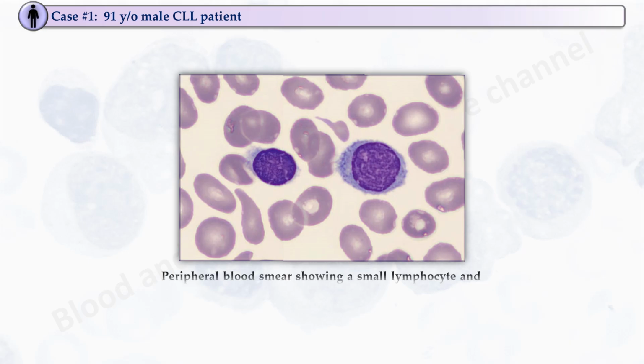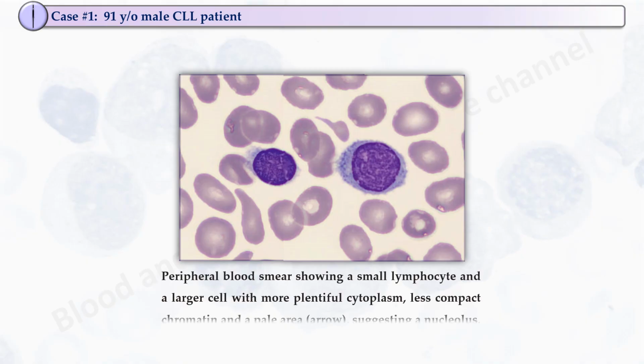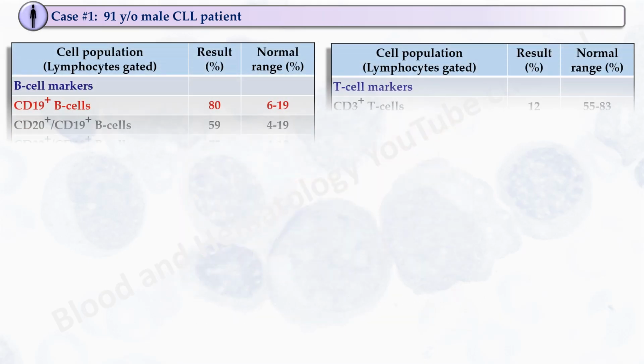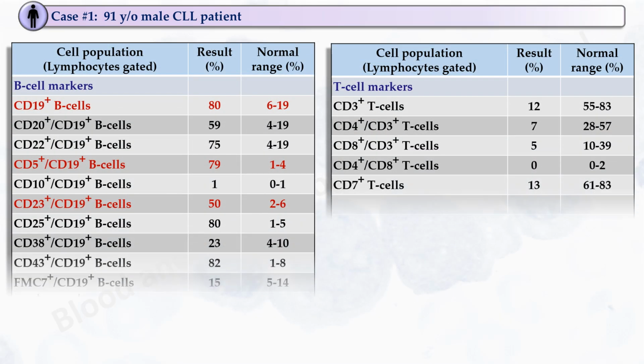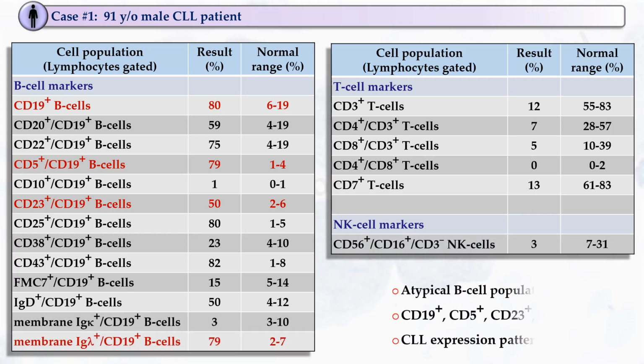Peripheral blood smear showing a small lymphocyte and a larger cell with more plentiful cytoplasm, less compact chromatin, and a pale area suggesting a nucleolus. Flow cytometry immunophenotyping revealed that the surface marker's expression pattern corresponds to CLL.